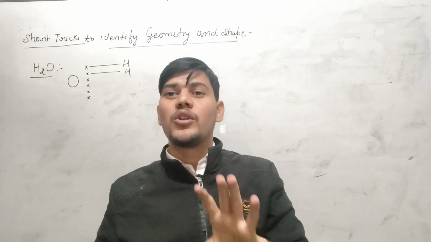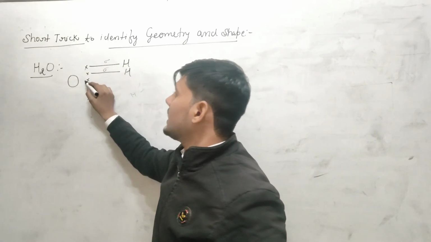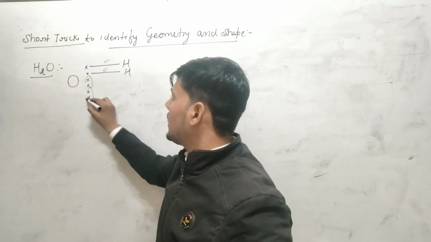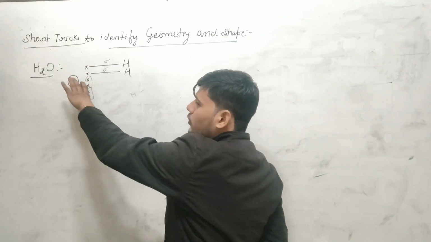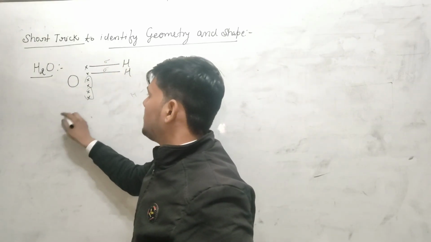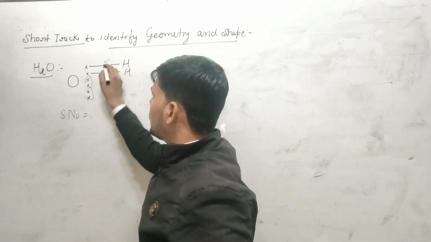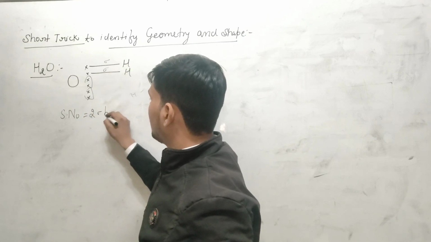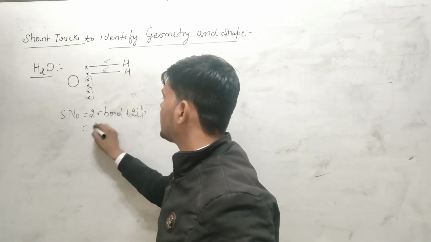So the number of sigma bonds is 2 here. There is one sigma bond and there is one sigma bond. This is a lone pair and this is a lone pair. So it is the case of 2 sigma bonds and 2 lone pairs. 2 sigma bonds and 2 lone pairs means the steric number is what? The steric number is 2 sigma bonds plus 2 lone pairs, so the steric number is 4.